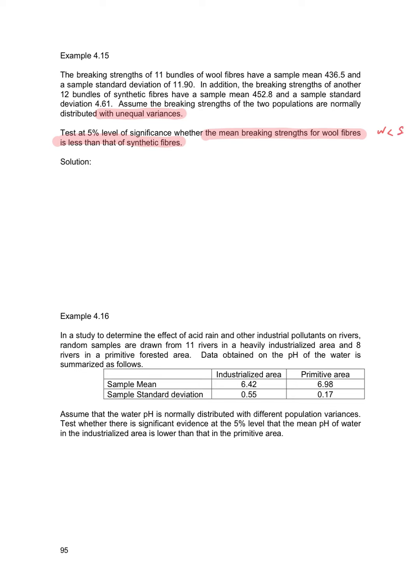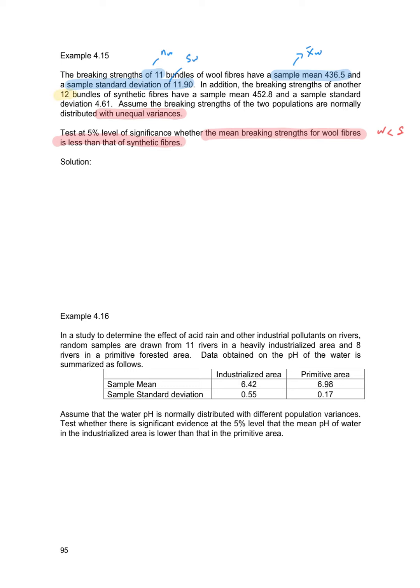So we have the information for wool fiber. We have N equals 11, sample mean 436.5, sample standard deviation 11.9. So this is N for wool, X bar for wool, and sample standard deviation S for W. Another one is for synthetic.